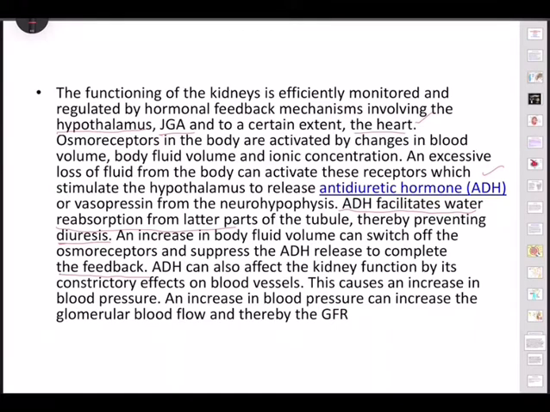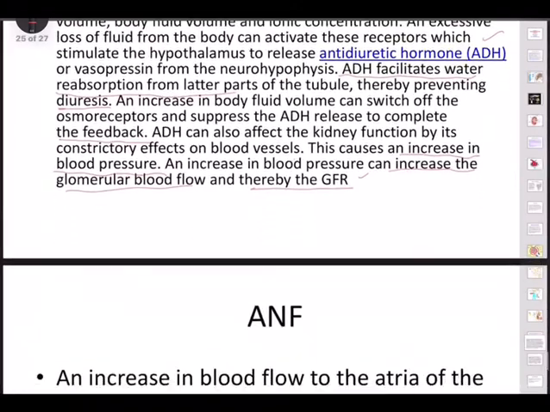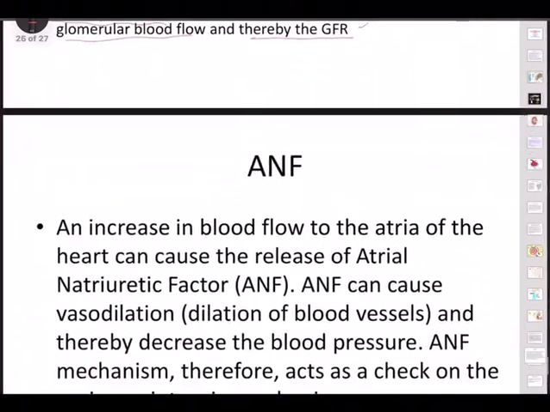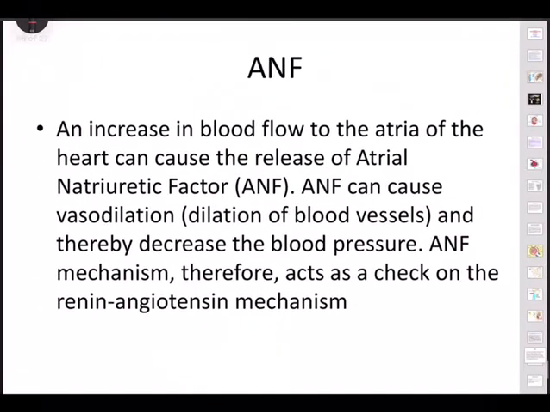This is a feedback mechanism. ADH can also affect the kidney functioning by its constrictory effects on blood vessels. This causes an increase in blood pressure. There we said decrease, now it is an increase in blood pressure. An increase in blood pressure can increase the glomerular blood flow and thereby GFR. So this is how checks and balances will be there.